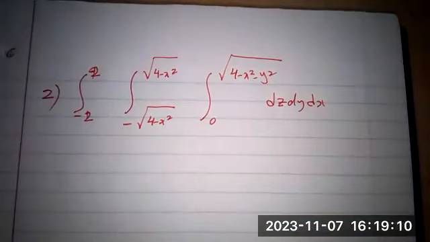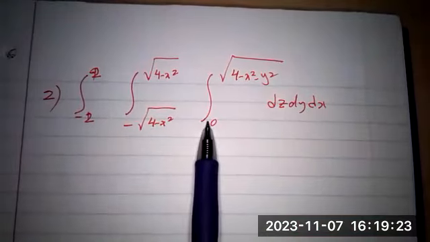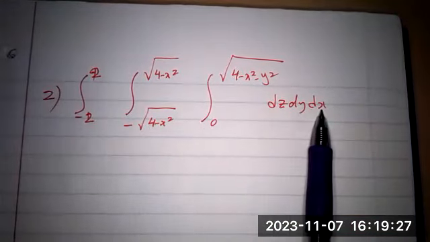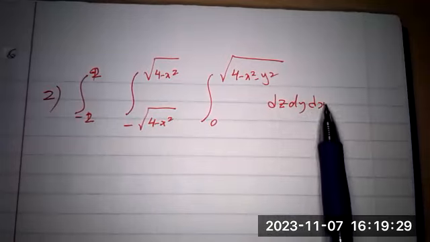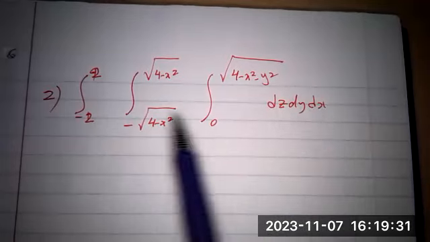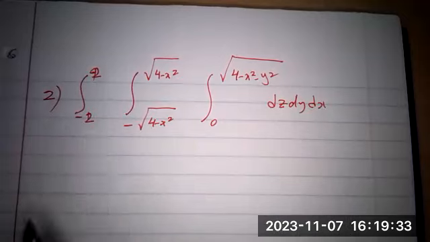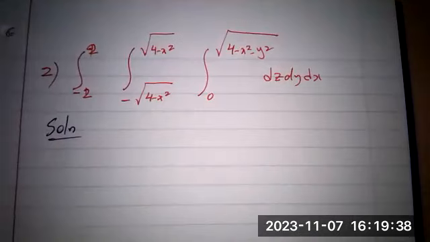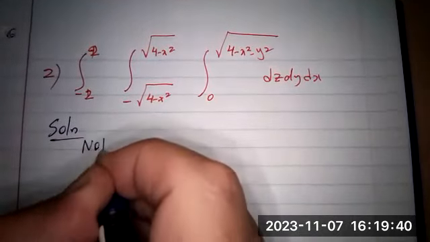Again, if you want to do it as is, it's going to be very messy, and sometimes it's not possible. So again, you have to find the region. Just read the information that you have. The order is z, y, x, so x is right at the end.